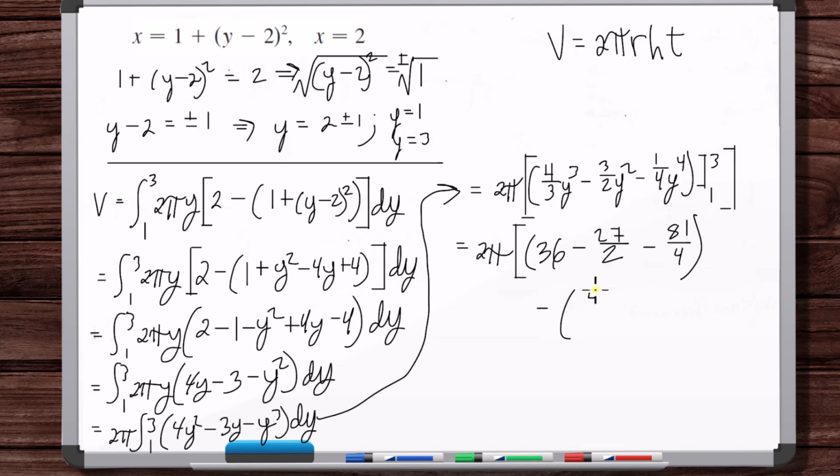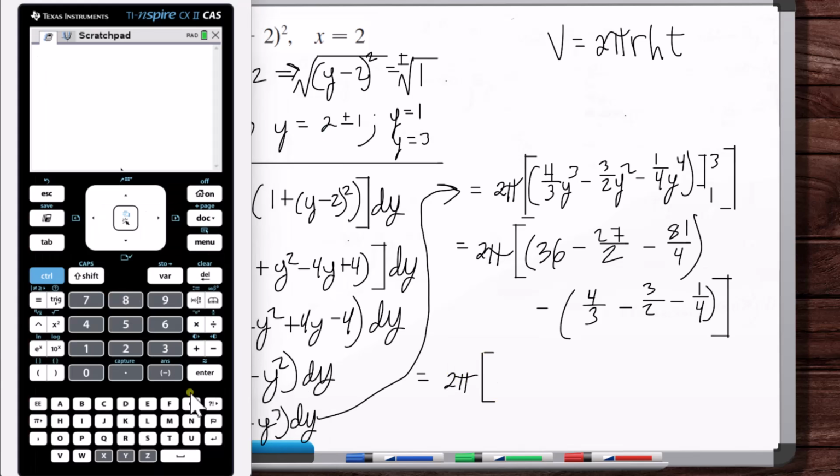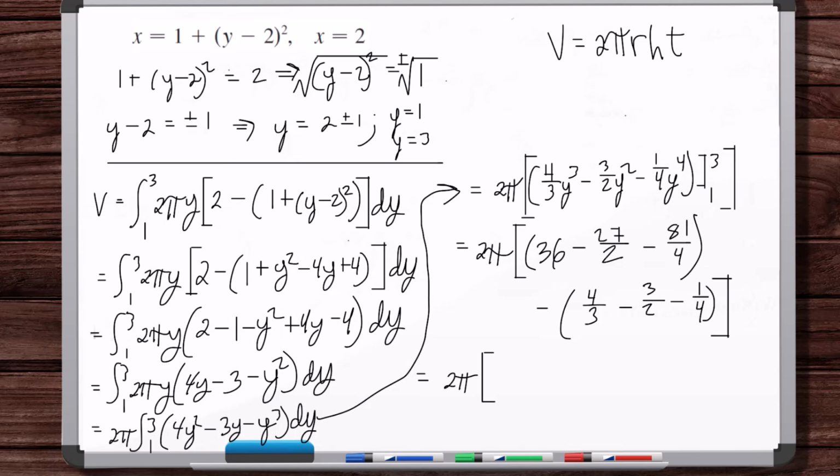plugging in 1, you've got 4/3 minus 3/2 minus 1/4. Let's just use our calculator for this. So 36 minus 27 over 2 minus 81 over 4 gives 9 over 4.